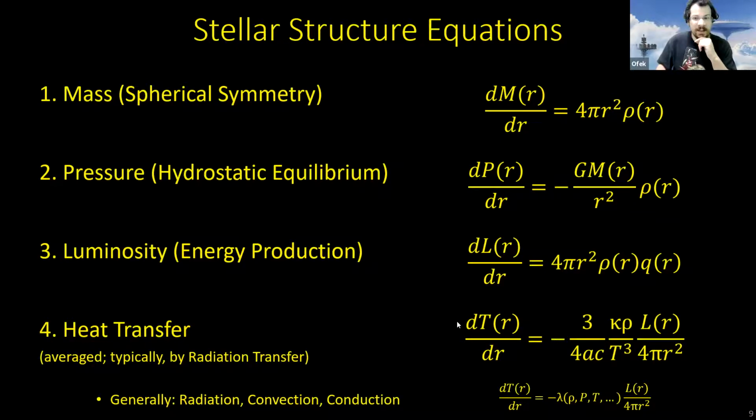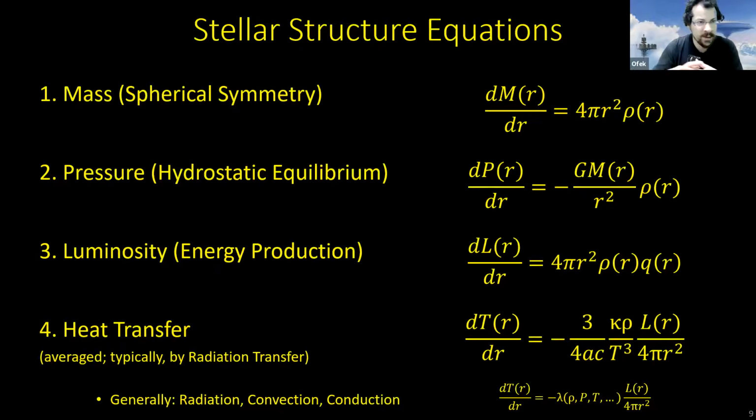But we know we can relate this variable T to P and rho through an ideal gas equation, if it's simple enough that we can describe the gas in those terms. And so finally, we have almost a closed set of equations.